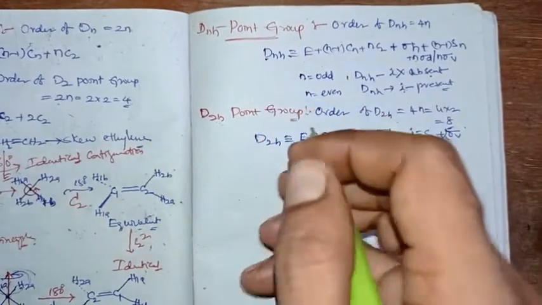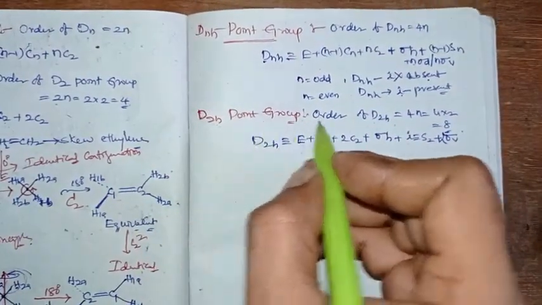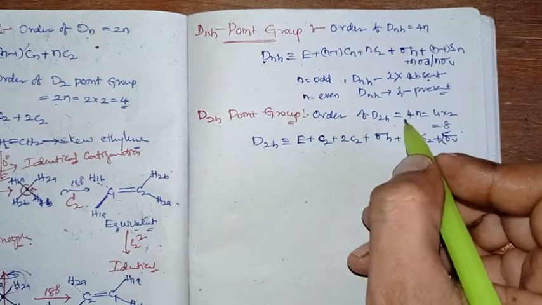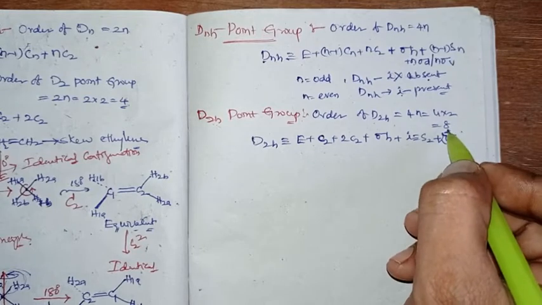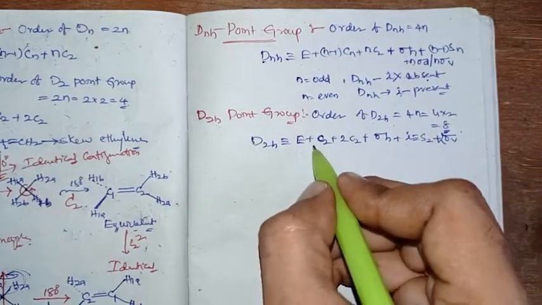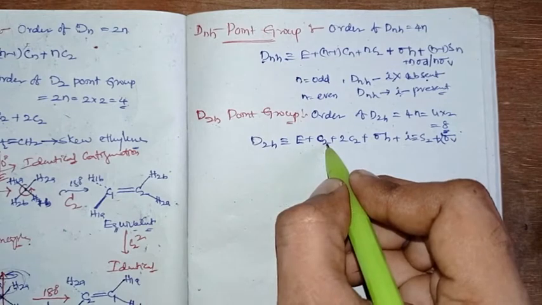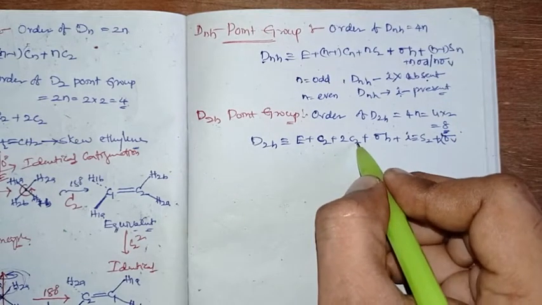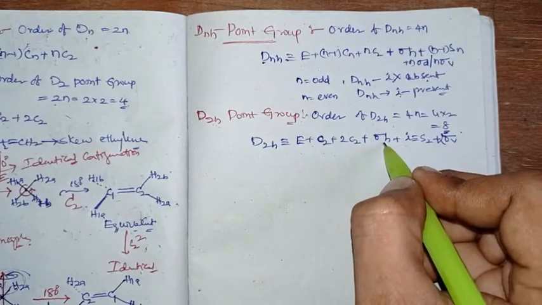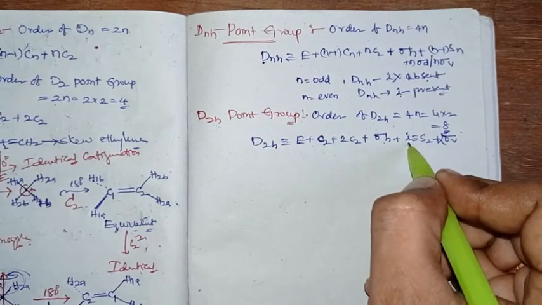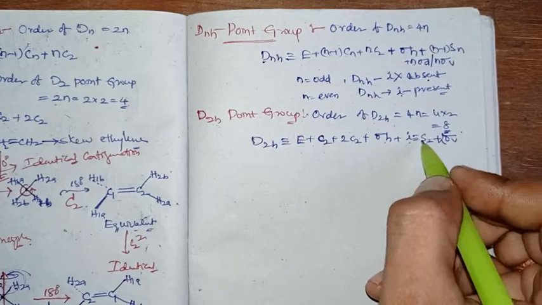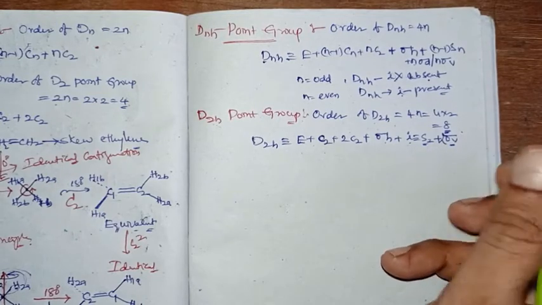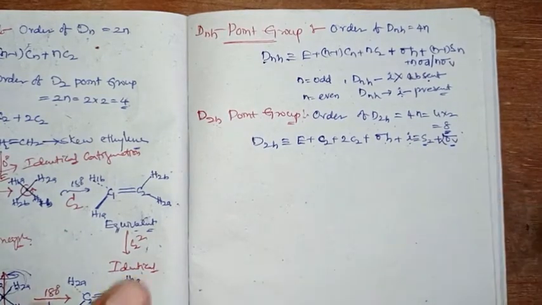Now specifically, when we go to the D2h point group, the order of D2h is 4n, 4 into 2, which results in 8, and these 8 elements are E plus the C2 principal axis plus 2 secondary two-fold rotational axes plus a horizontal plane of symmetry, and it will have an inversion center, which can also be represented as a two-fold improper axis, and including that there will be two vertical planes, right?